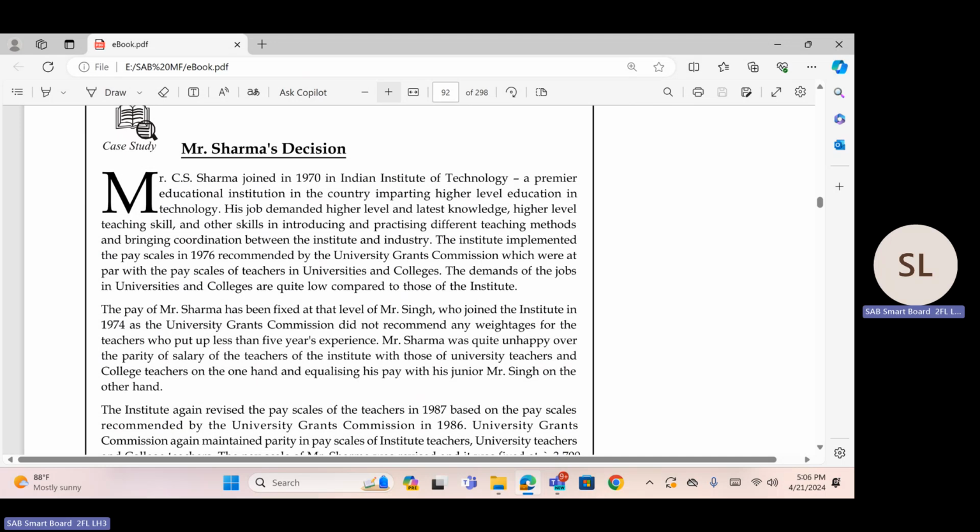Mr. Sharma joined this company, IIT, the Indian Institute of Technology, a premier educational institution. These are the three kinds of institutions, universities and colleges. These are public institutions. Management, IIM is there, the Indian Institute of Management. That's also there. It's for technology.